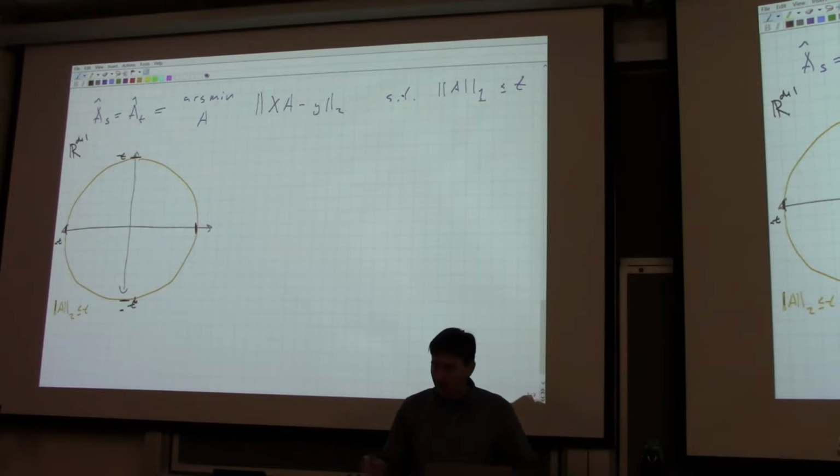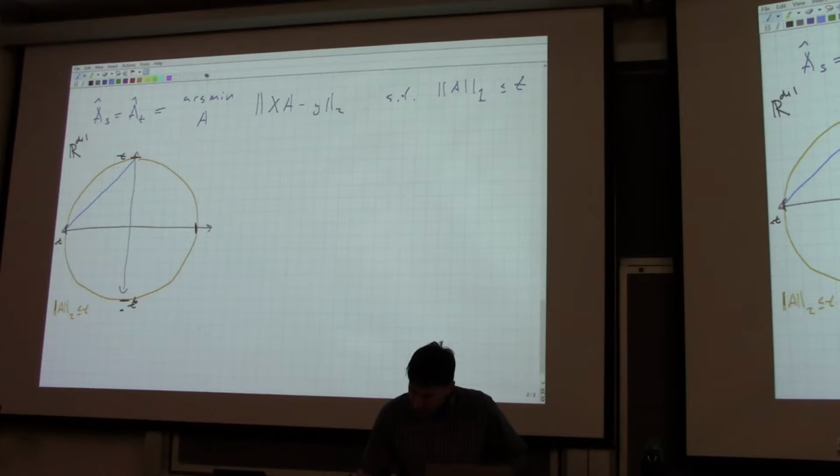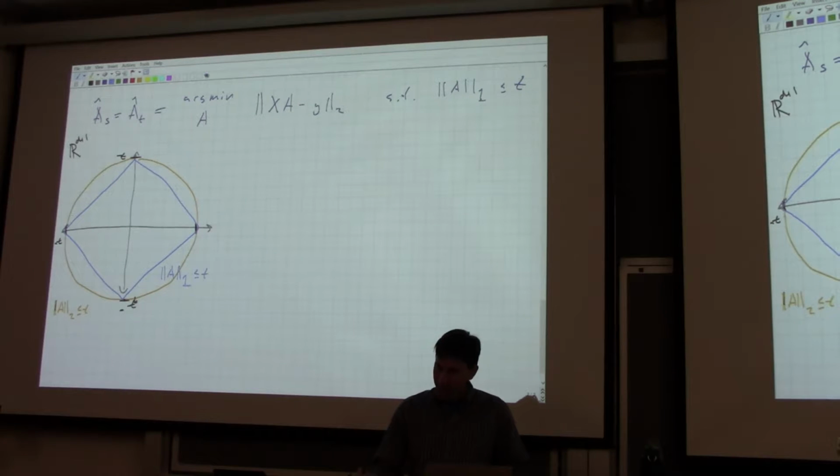Okay? Now if I draw an L1 ball instead, how's the L1 ball going to look? People remember? It's the diamond, right? The L1 ball is the sum of the coordinates. It's going to look like this, and this ball is going to say that the L1 norm of A is less than or equal to t.